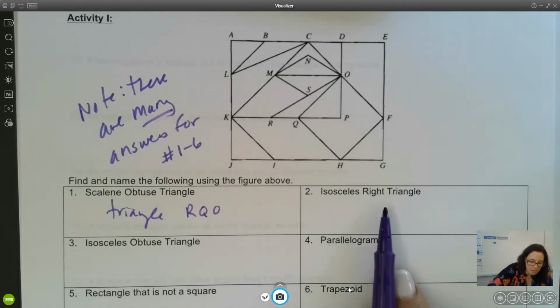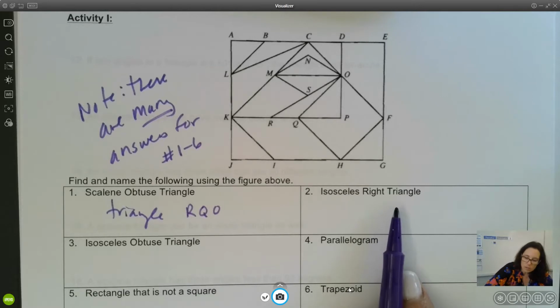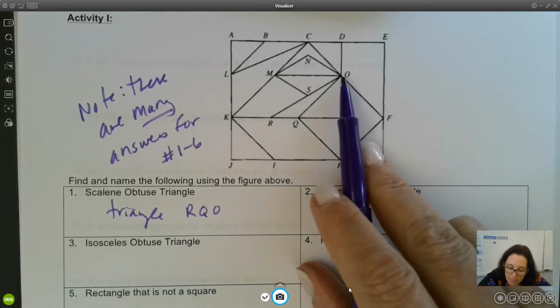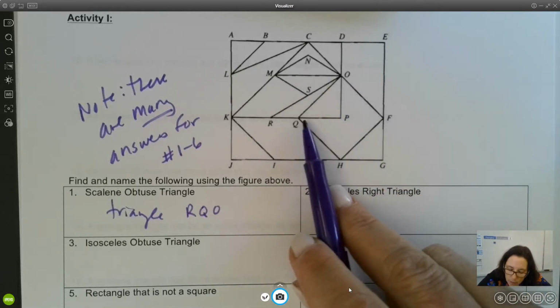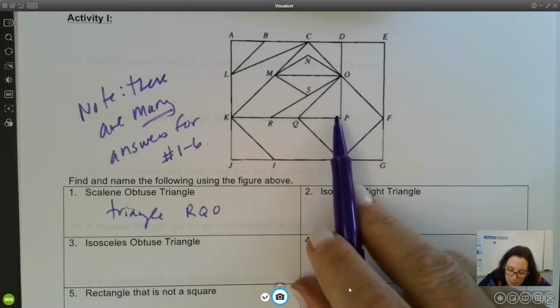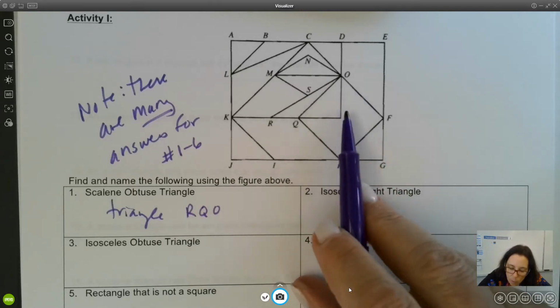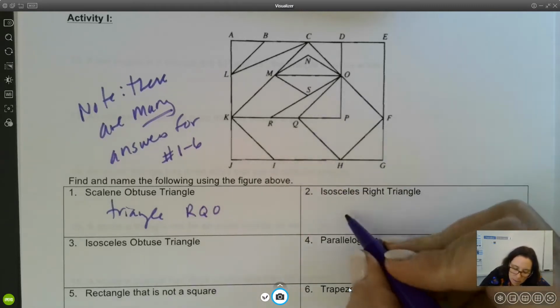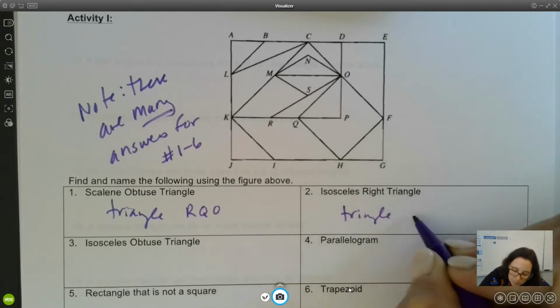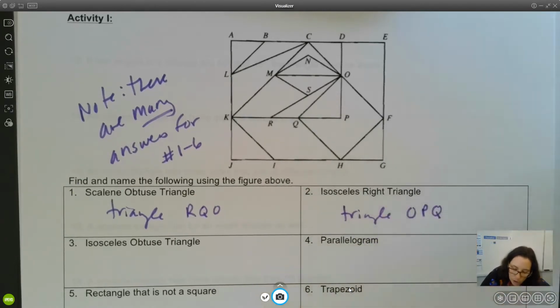Isosceles right. Looks like OP and PQ are the same, and it looks like this is a right angle. So OPQ is one. Triangle OPQ. Isosceles obtuse triangle.